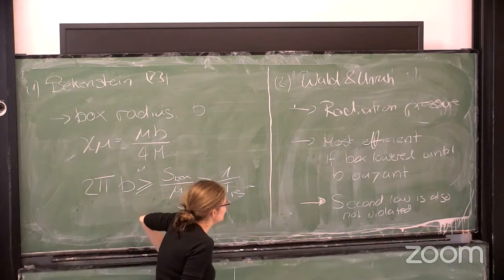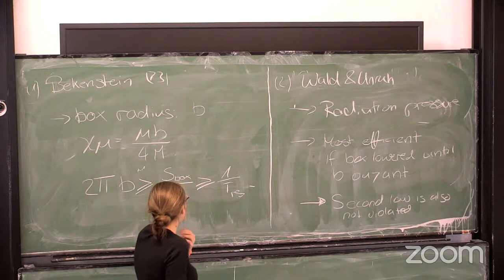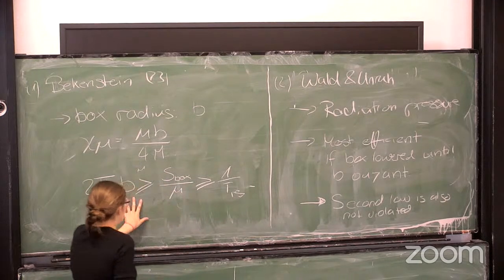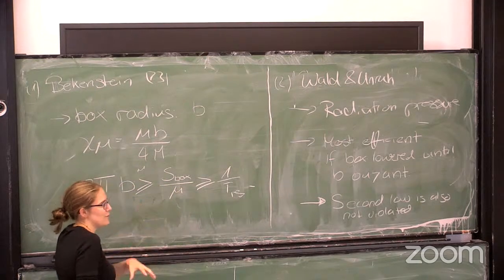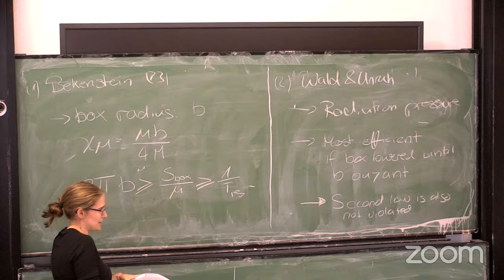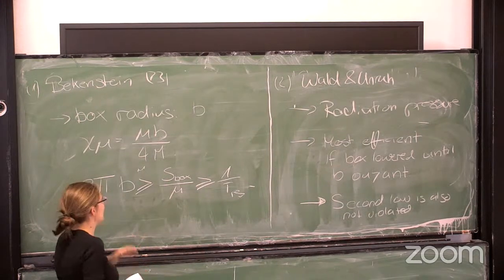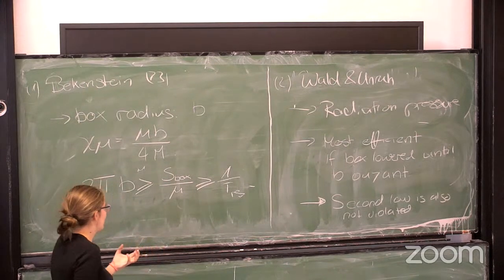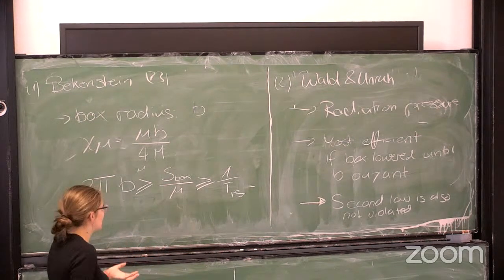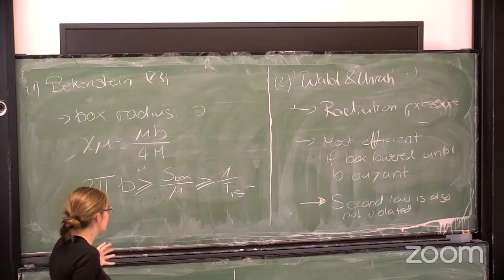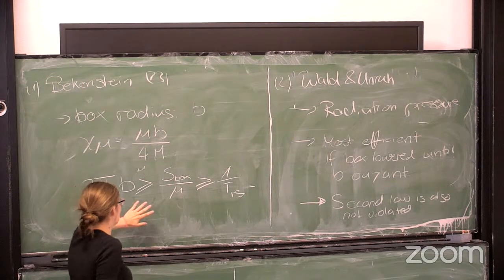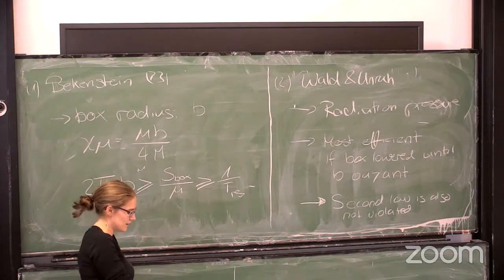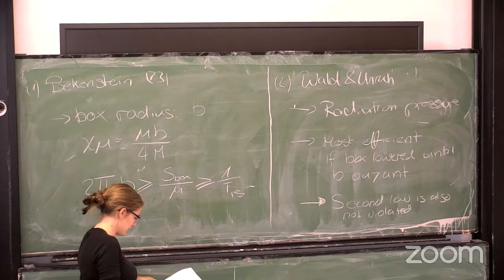Because you can also make another thought experiment where you have a box that violates this inequality, and then you collapse this object into a black hole, and then you again have the same problem as here, because your black hole will have the black hole entropy, which is just 4π m squared, which will be smaller, if the box violates this inequality, than the entropy of the box.